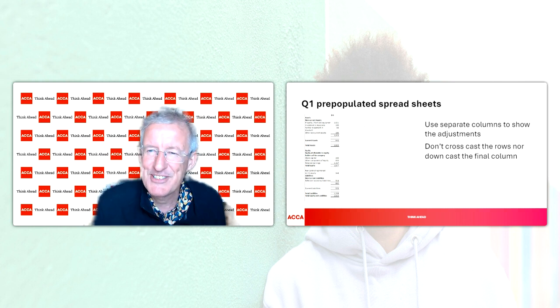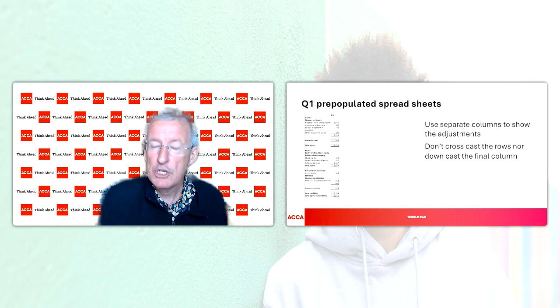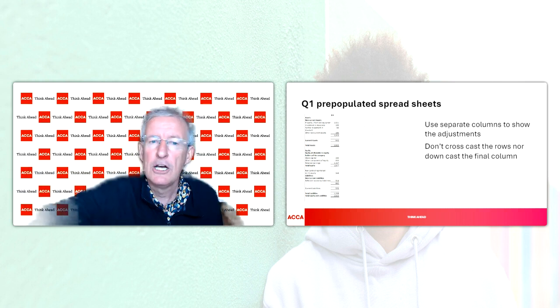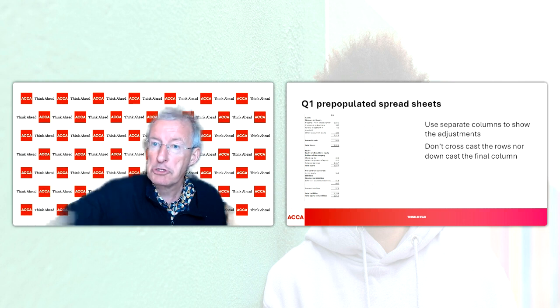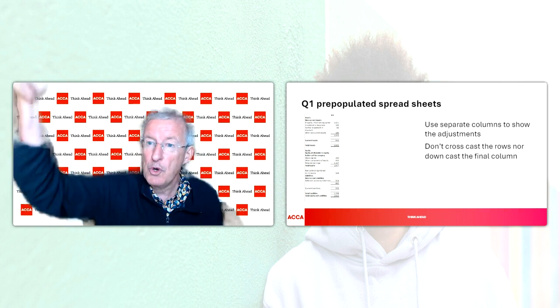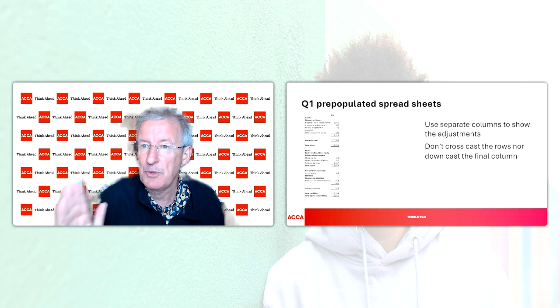Time management: doing things which don't earn you marks but take up time is madness. You do not need to produce a final answer. You do not need to cross-cast the rows. You do not need to have a balance sheet which balances.